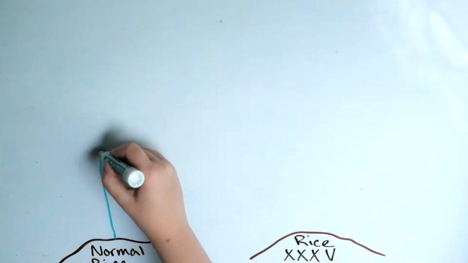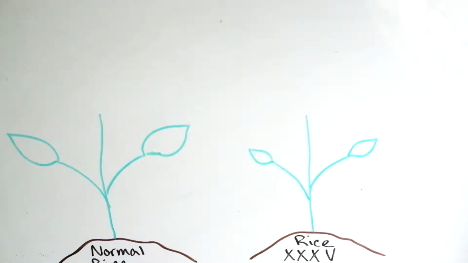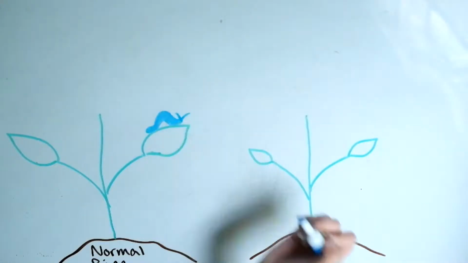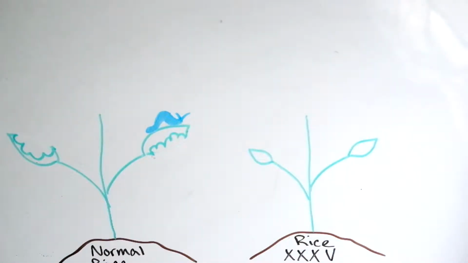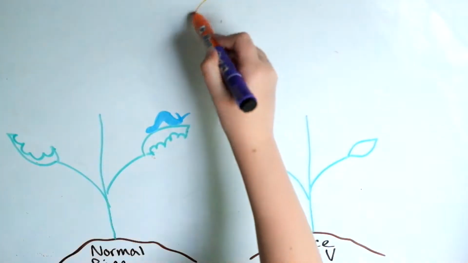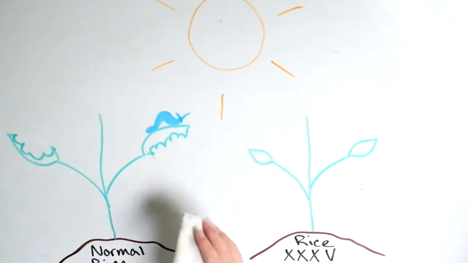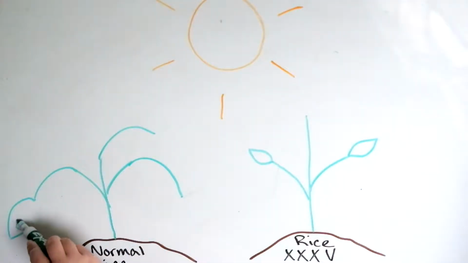Now look at the difference between normal rice and rice XXXV. Rice XXXV looks like it could be the same as normal rice, but really, our rice is caterpillar resistant, unlike normal rice that gets completely chewed up. Rice XXXV is also drought resistant, so when normal rice starts to wilt, rice XXXV stands tall.